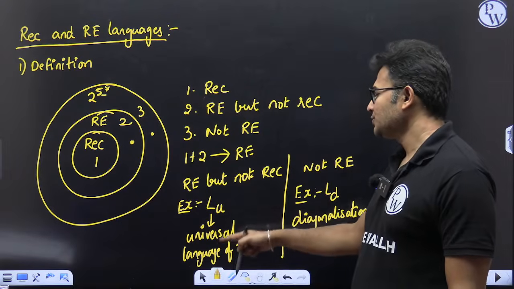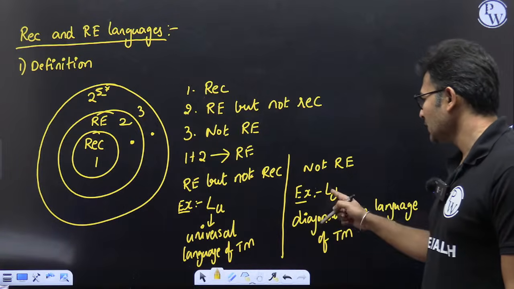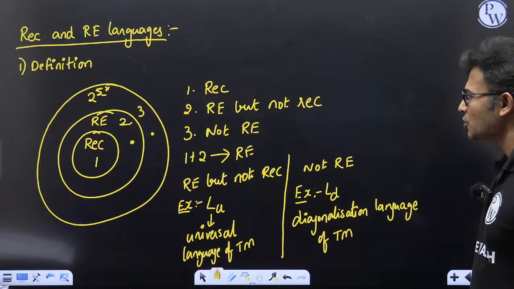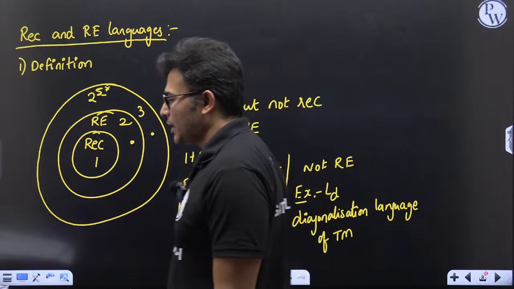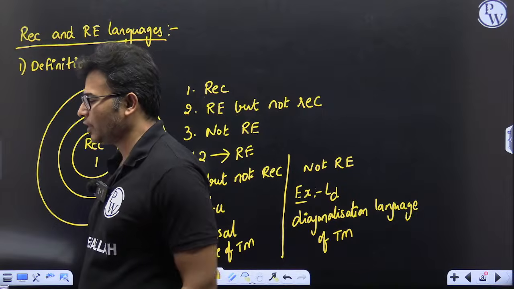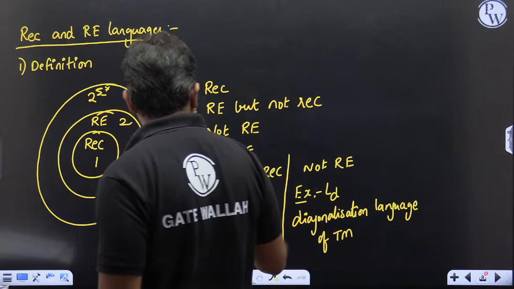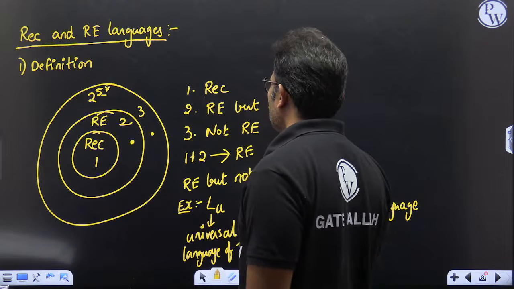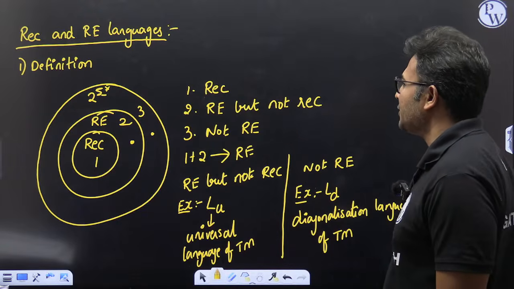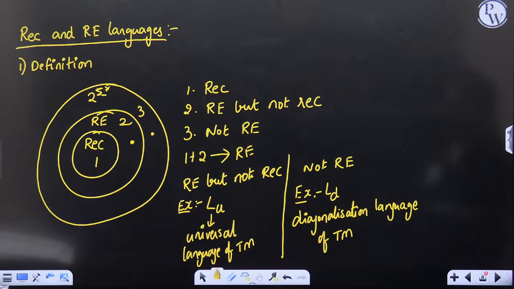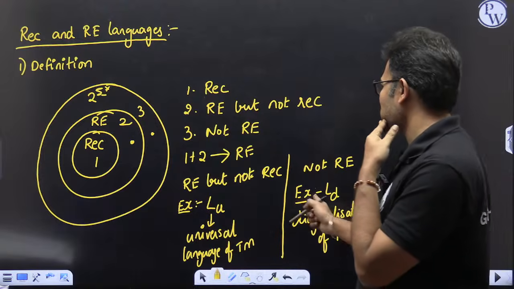So LU means Universal Language of Turing Machines. LD means Diagonalization Language of Turing Machines. We have only these two examples, LU and LD.